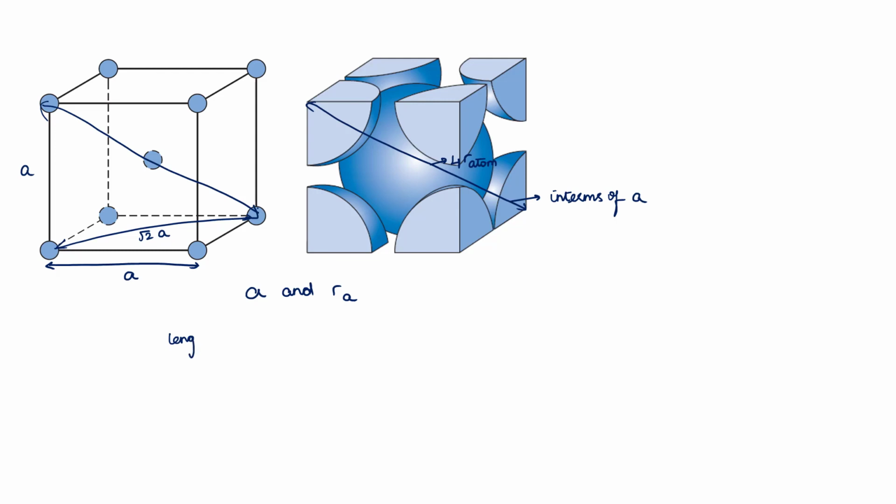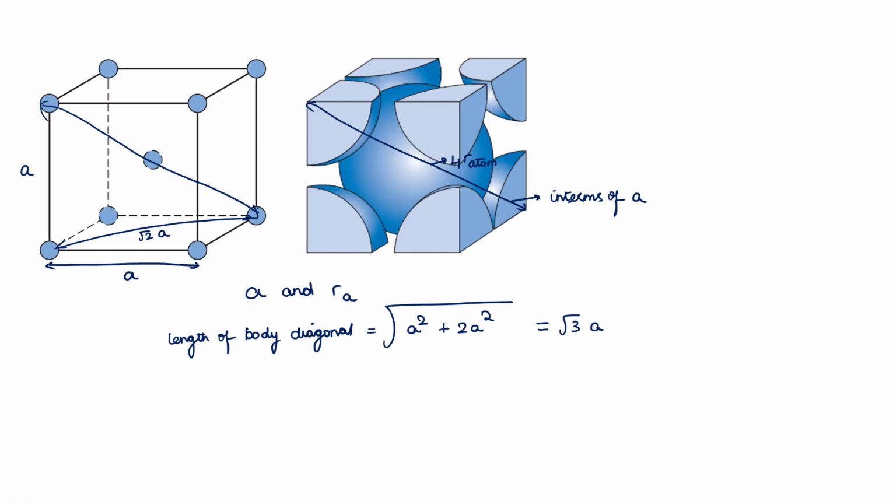So the length of the body diagonal is equal to root of a square plus 2a square, which is equal to root 3 times the lattice parameter.